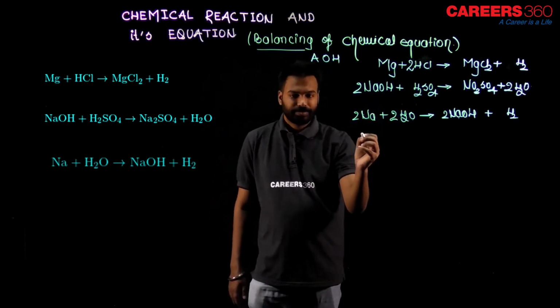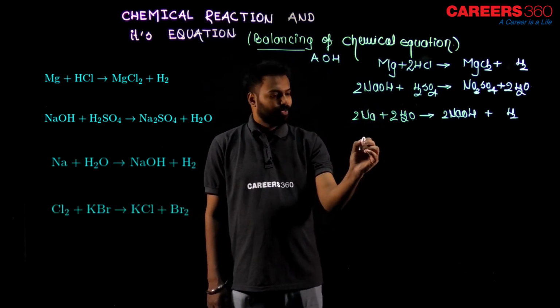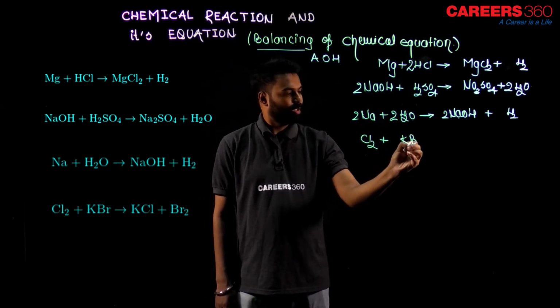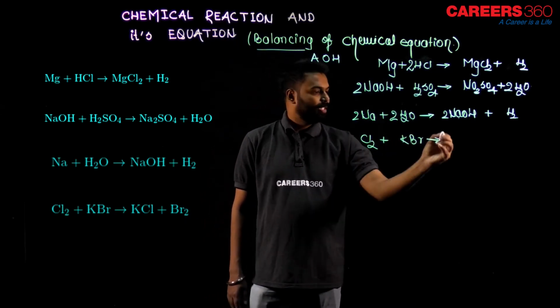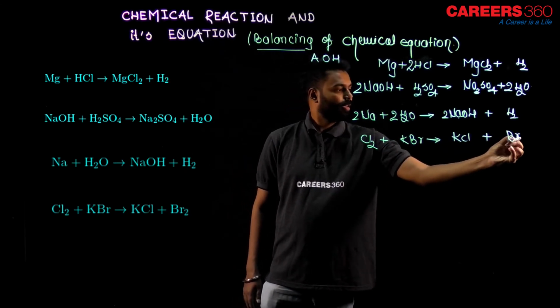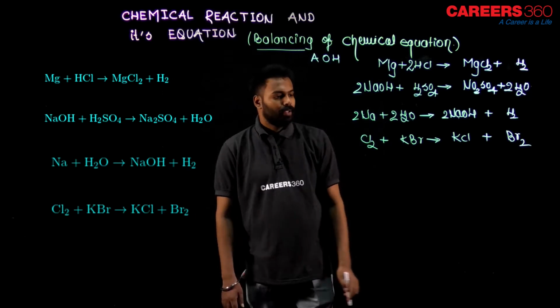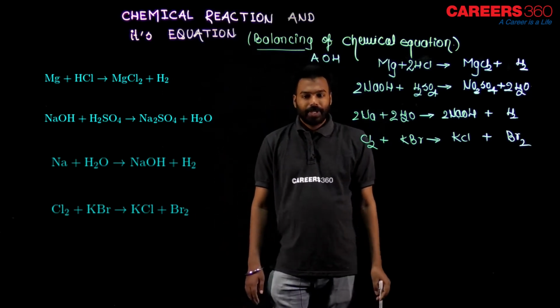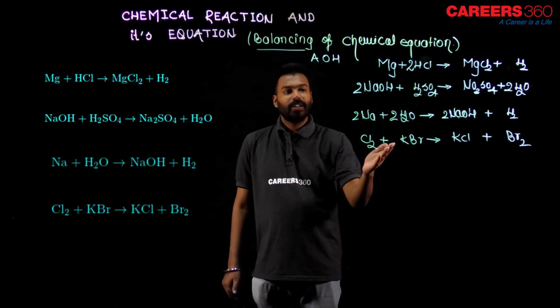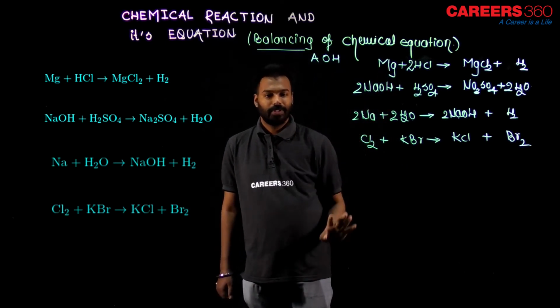Okay, let's take another example to balance the chemical equation. See, Cl2 plus KBr gives KCl plus Br2. Okay, at first you try to balance all the atoms which are not oxygen or hydrogen.